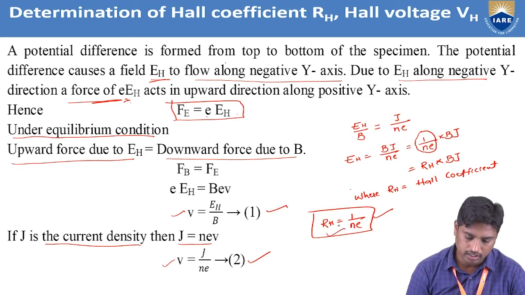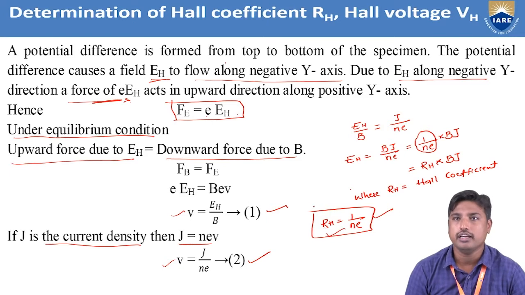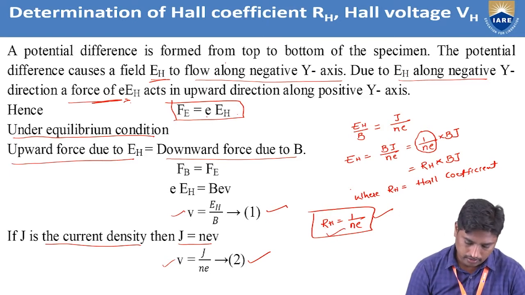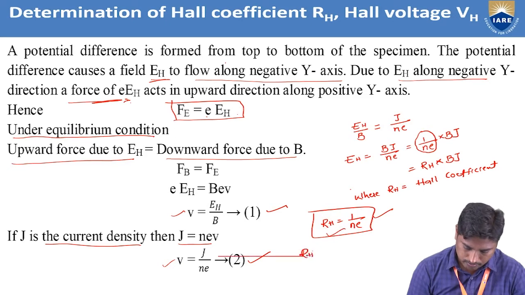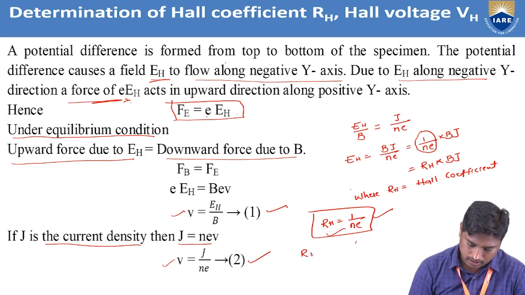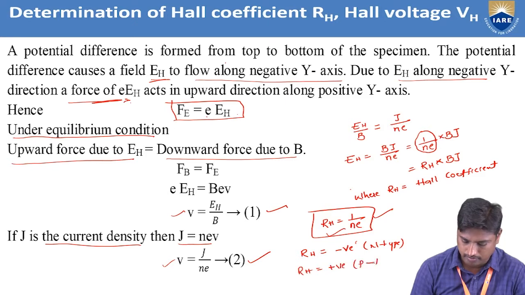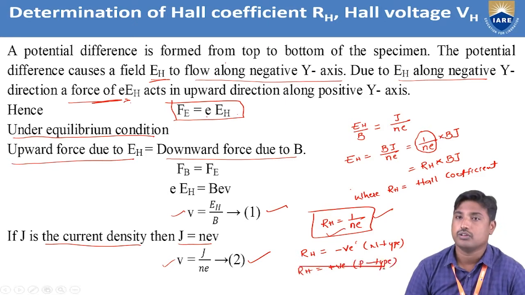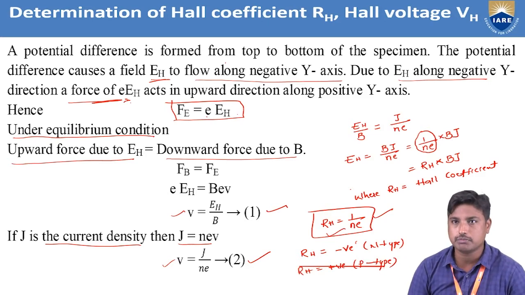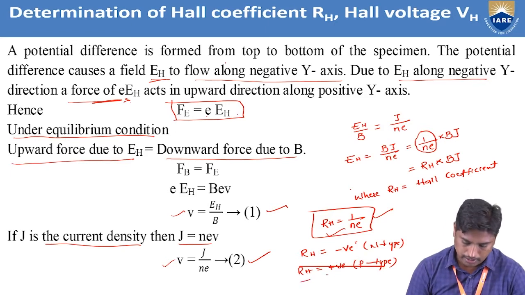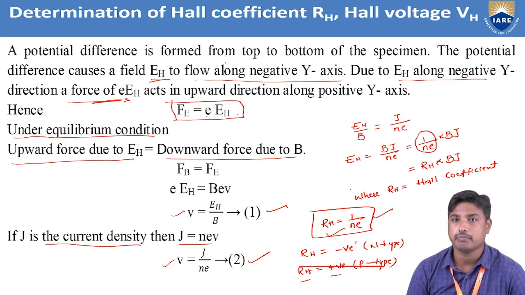It is used to identify the type of semiconductor used in the Hall effect. R_H is negative for N-type material and R_H is positive for P-type semiconducting material. So if the Hall coefficient is negative, the specimen is N-type, and if R_H is positive, the specimen is P-type material.